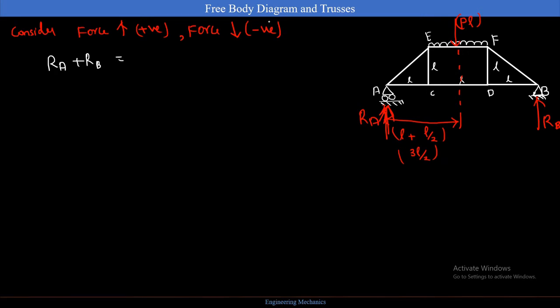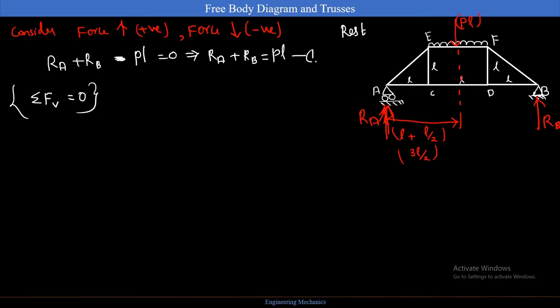My P is acting in the downward direction, so I will take negative, that is minus PL, and the entire truss is at rest. So summation of vertical force is going to be 0. As a result, I will write RA plus RB is equal to PL. This is my first equation.